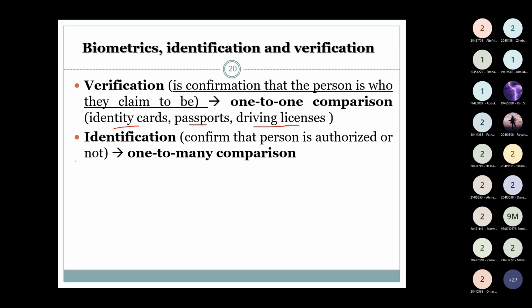Okay, so this is the difference between verification and identification. Verification, I just need to know if you are the right person or not. But identification, I need to check if you are authorized or not.